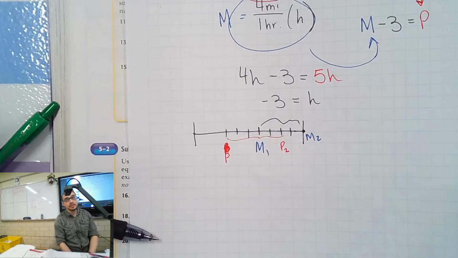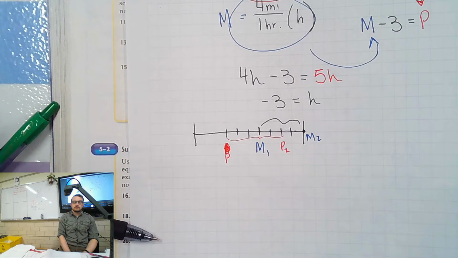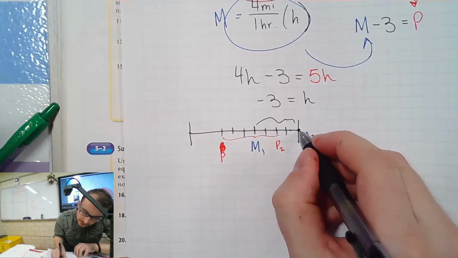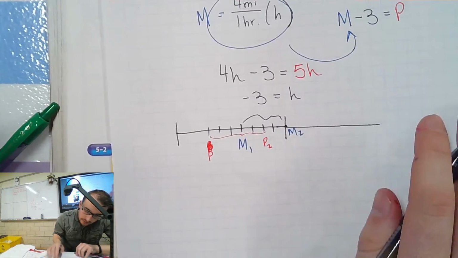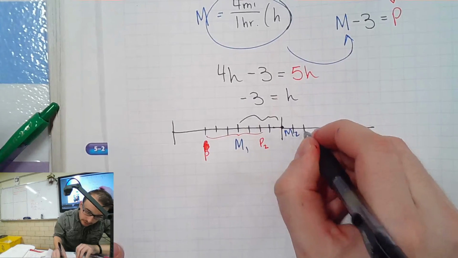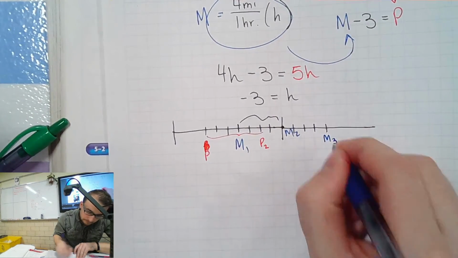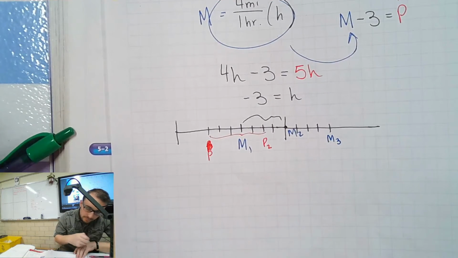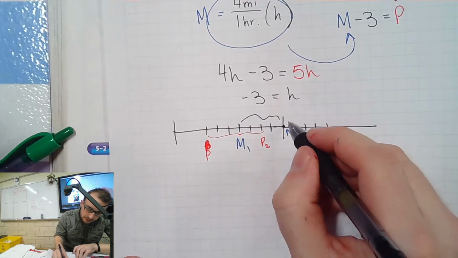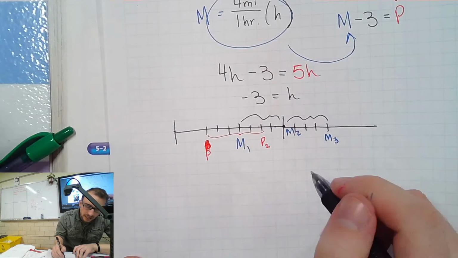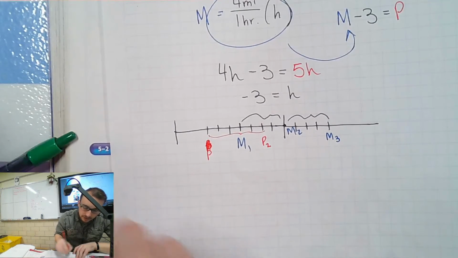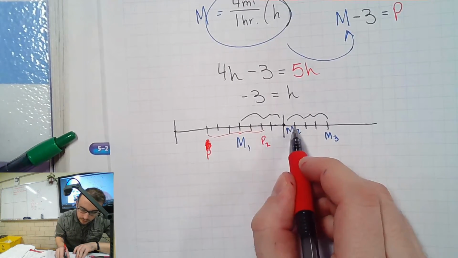So after 1 hour, he still hasn't caught up. What about after 2 hours? Will he have passed him? Let's see. Mark's going to go ahead at 4 again. 1, 2, 3, 4. And Mark's going to end up here. Nope, he hasn't caught up. 4 more miles for Mark, and Pablo's going to go ahead 5. 1, 2, 3, 4, 5.